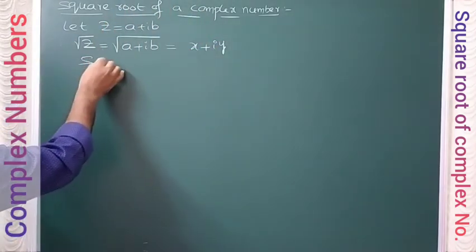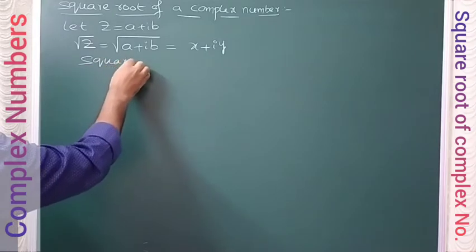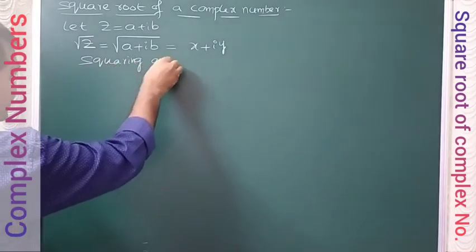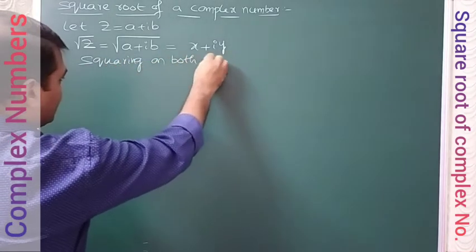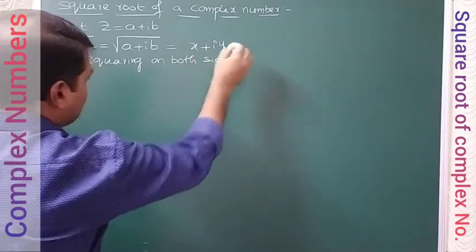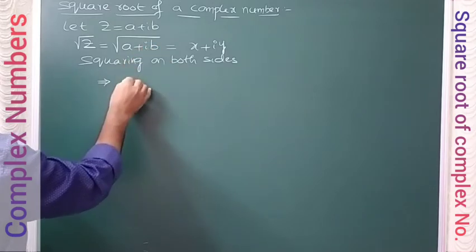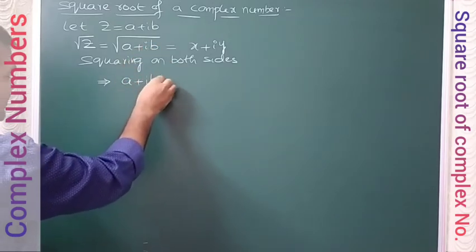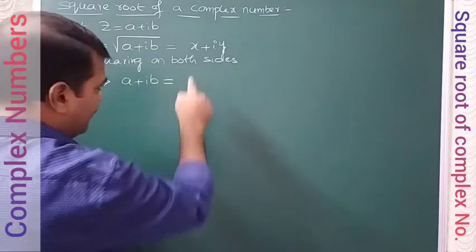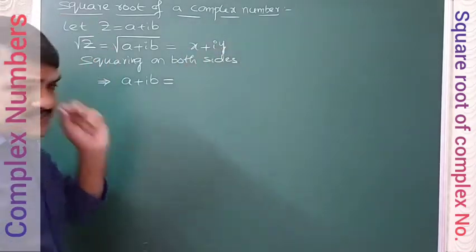After that, let us consider squaring on both sides to eliminate the square root. So squaring on both sides, we will get a plus ib equal to (x plus iy) whole square.